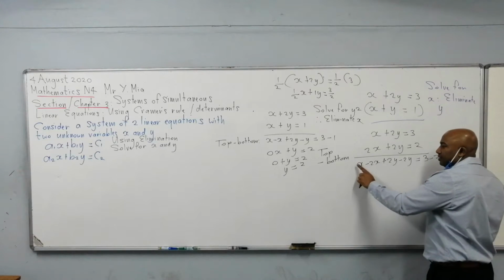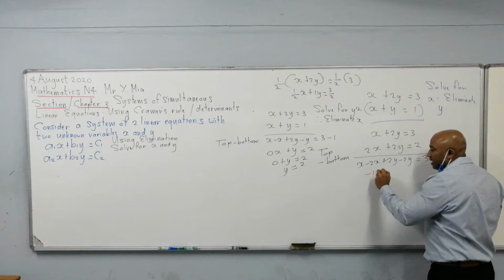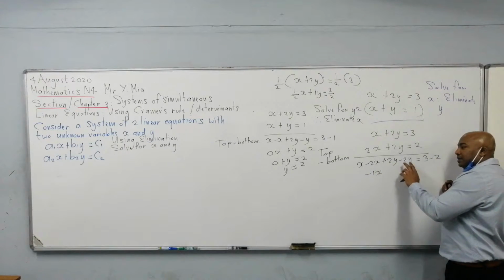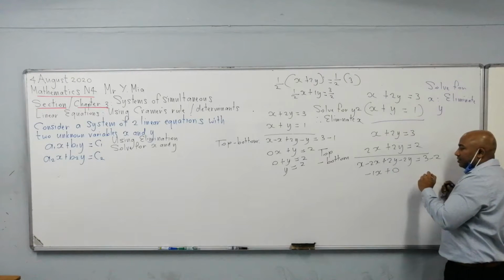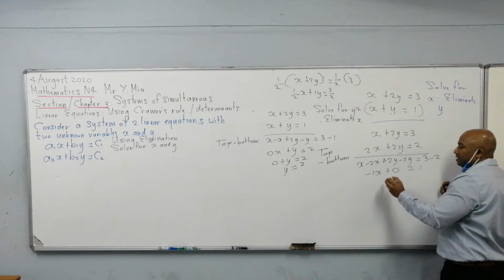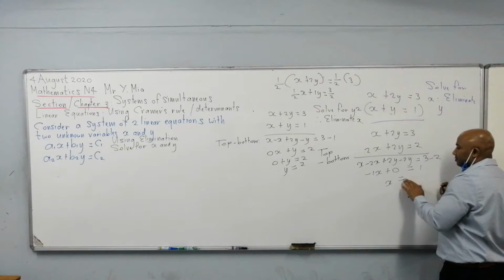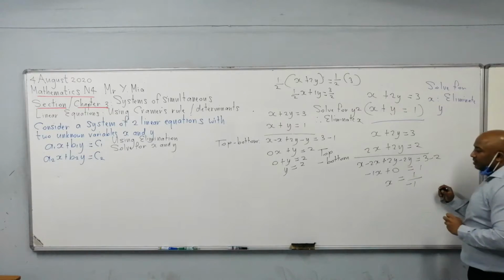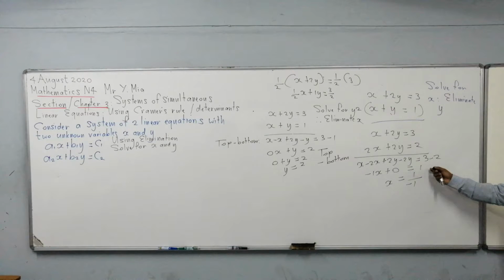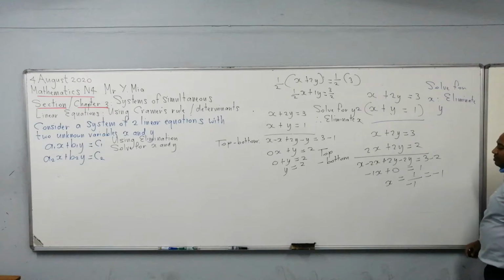So what happens here? 1 minus 2 is minus 1x. 2y and minus 2y is just a 0. And 3 minus 2 is 1. So therefore x is equal to 1 divided by minus 1. Because minus 1x is equal to 1. You can see that? So it's equal to just minus 1. So that is elimination.